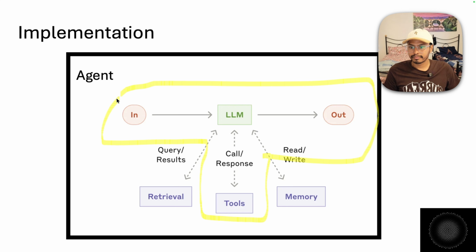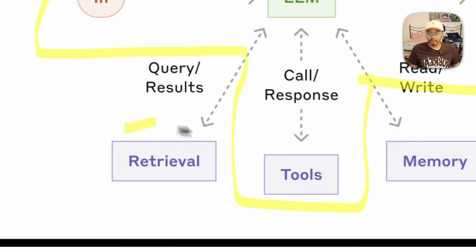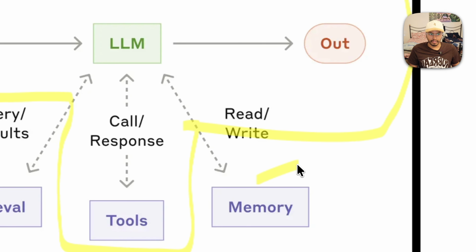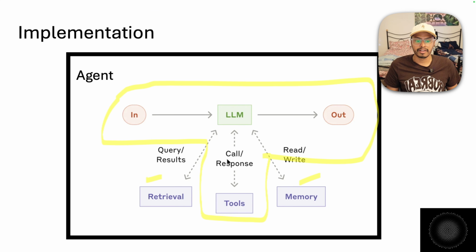We will create an agent that will take an input and use some tools, and then give us an output for our input prompt. That's essentially what we are trying to do today. And we will see retrieval and memory in later tutorials. So let's get started with the implementation part.